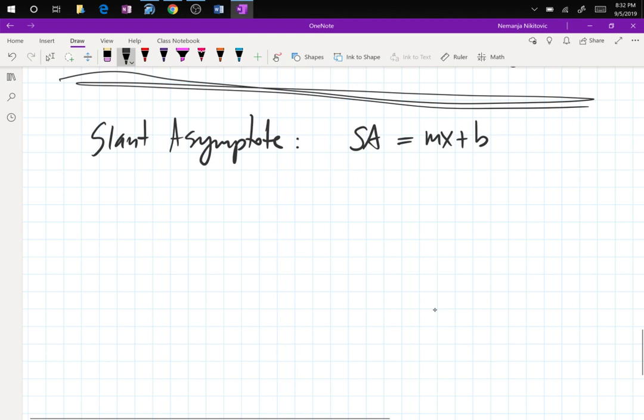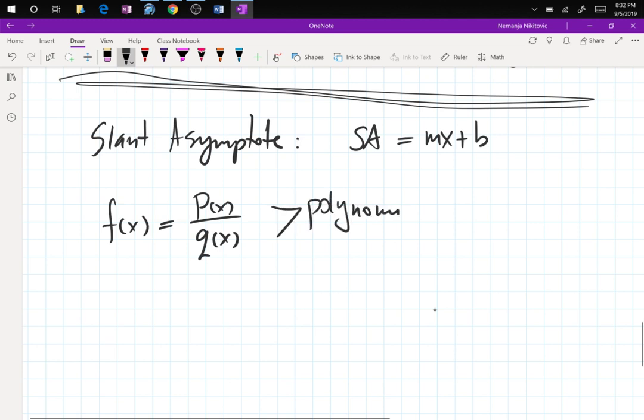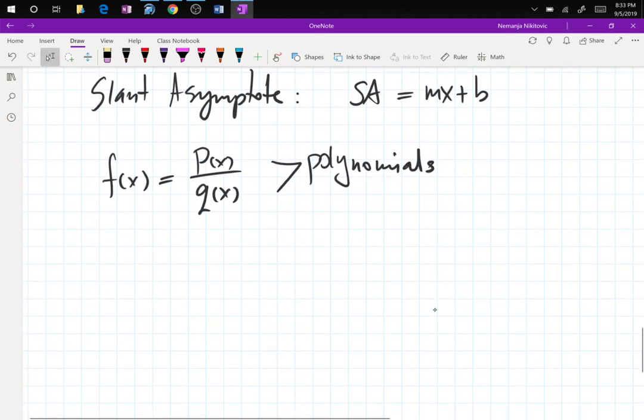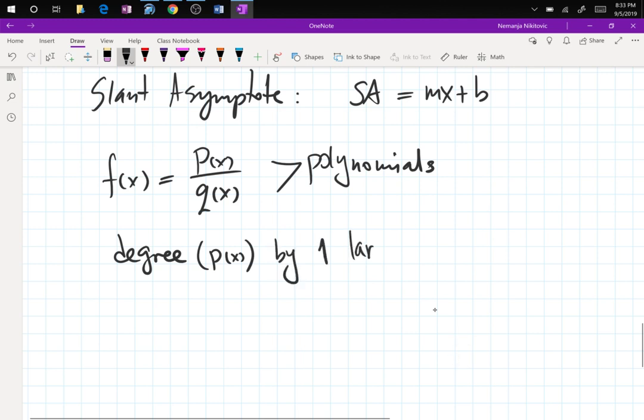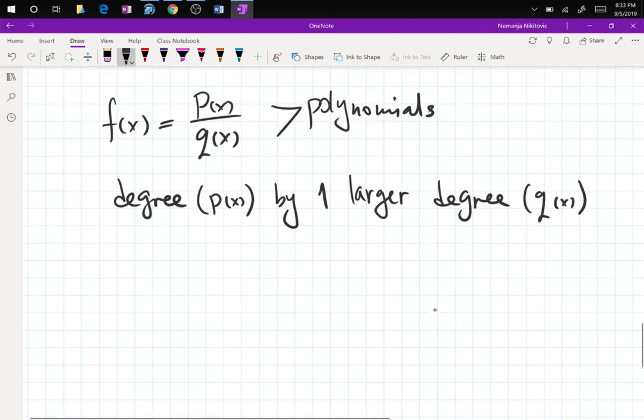So if you have this situation, some kind of f of x, when you're dividing polynomial p of x by polynomial q of x, those are both polynomials, and the degree of p of x is larger by 1 than the degree of q of x. So the situation would be like this.